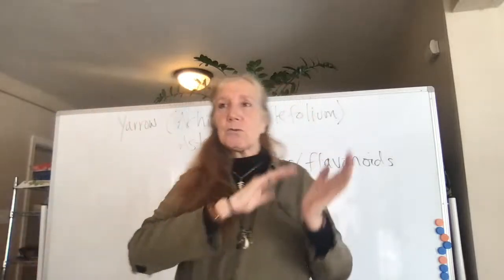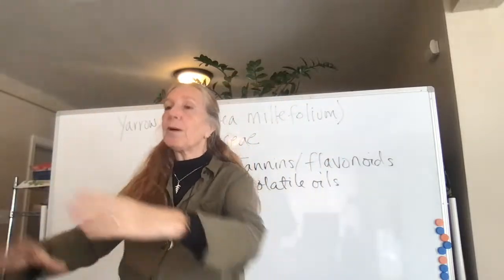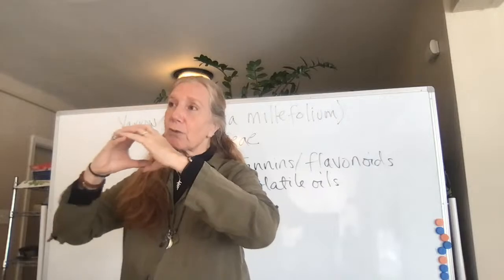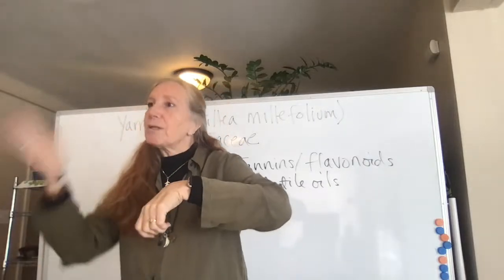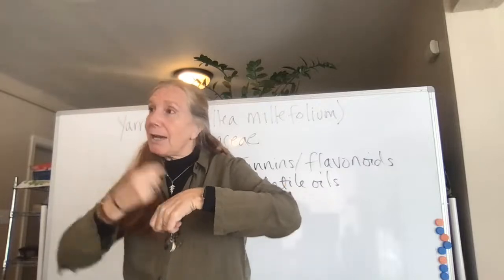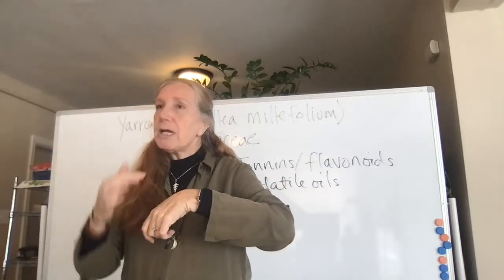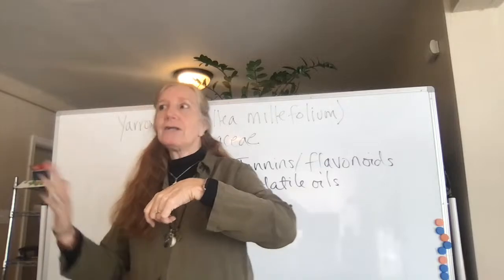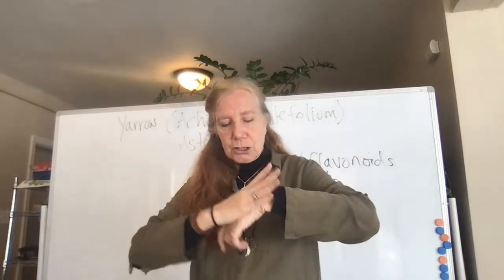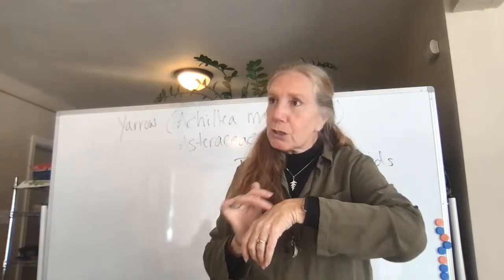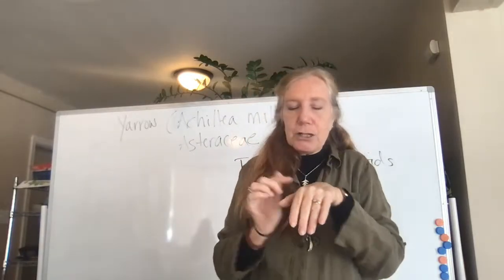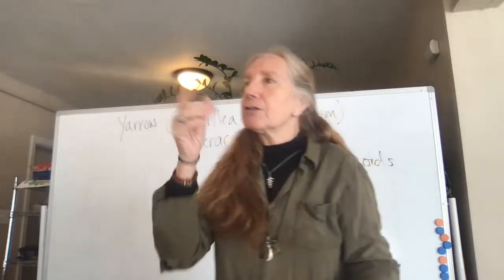It normalizes and regulates blood flow in the body, but it also stabilizes and strengthens blood vessel walls, and it stops bleeding. So when it's applied topically, a wound is blood outside of its channels, and yarrow doesn't like that. So it's astringing and tightening the wound, stopping the bleeding, keeping the blood back in the channels, and stimulating healing of those tissues.